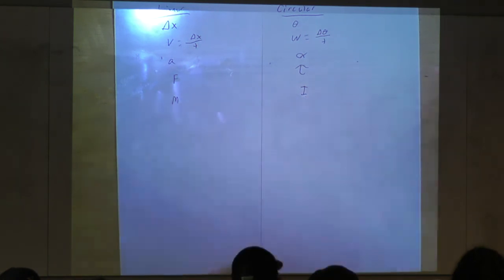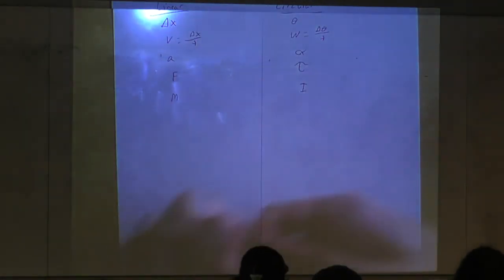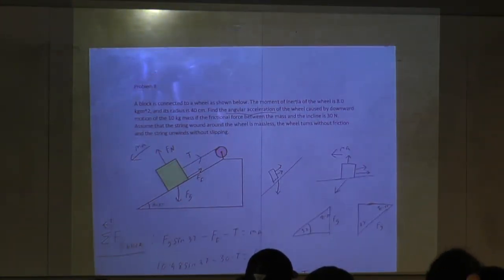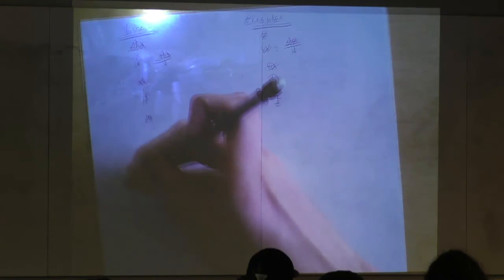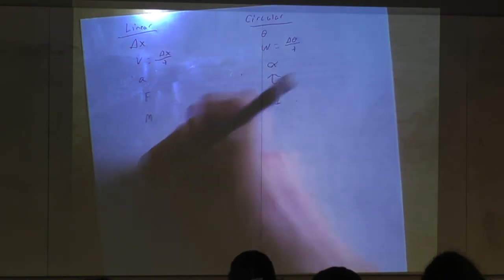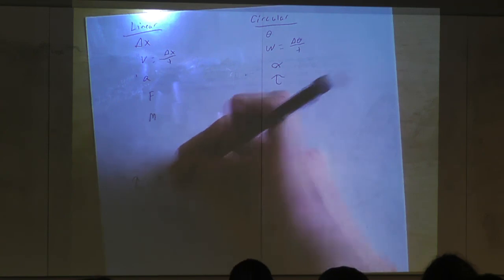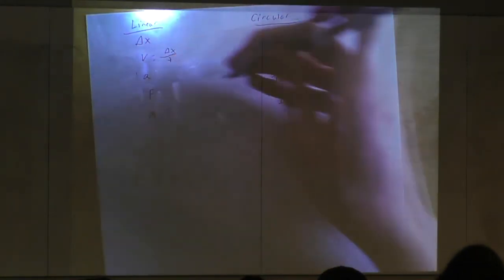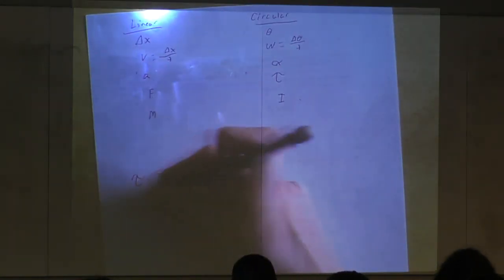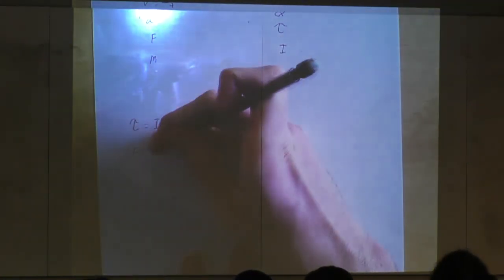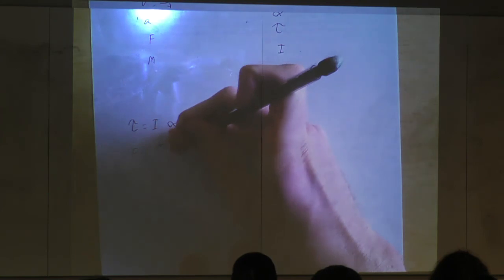Let me use one of the ones I have over here. For example, torque is equal to our inertia times our angular acceleration. Well, torque is the same as force, inertia is the same as mass, and alpha is the same as a, so it's the same formula.